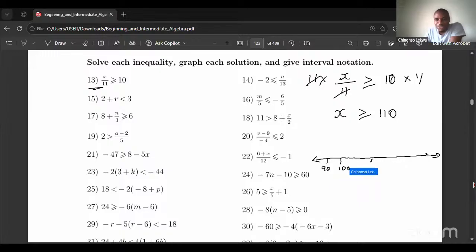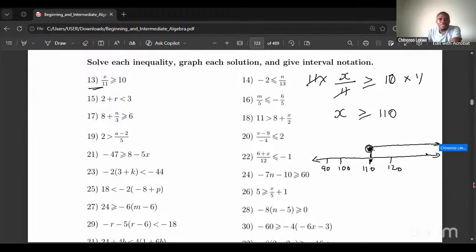Let me just use flat numbers because of the nature of the numbers here. We're saying x is greater than or equal to 110, so it begins at this point. I have my shaded circle, and then it goes ahead.